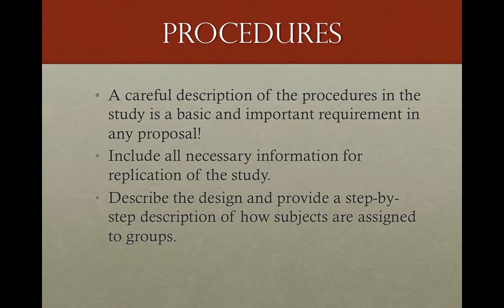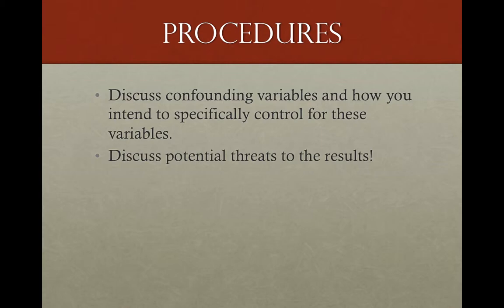And guys, you've got to provide a step-by-step description of how your subjects are going to be assigned to groups. What I mean there, think experimental and control group. Also think about it could be an observational study. Maybe you're just going to observe what's currently going on, and there's no manipulation or assignment of subjects. Discuss confounding variables, something that could be a potential threat to your study.